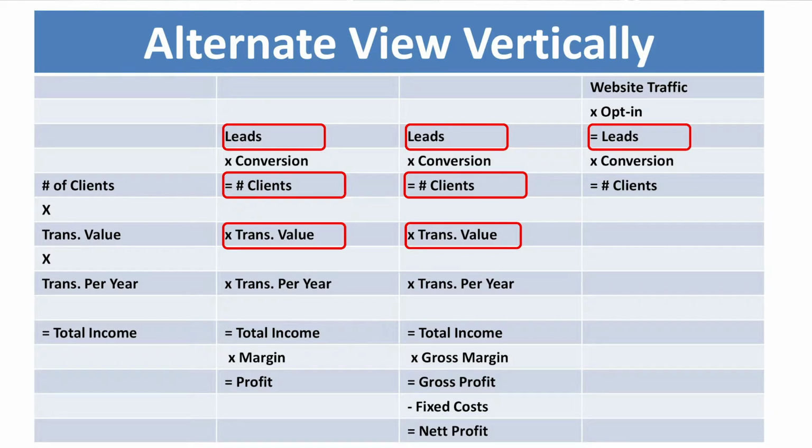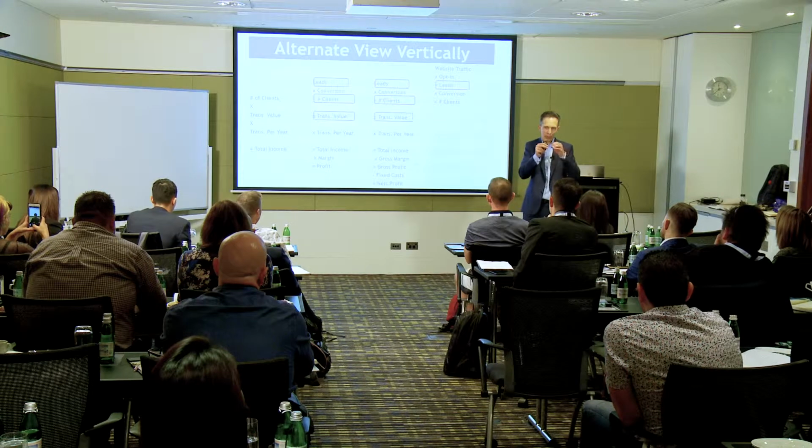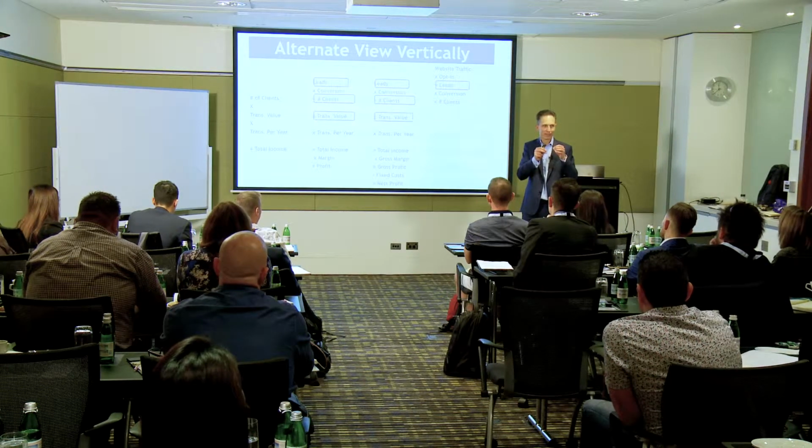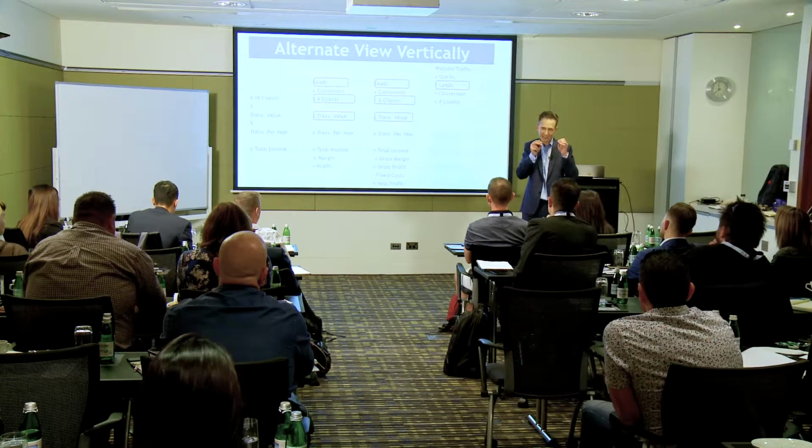And here, let's drill down a little bit further. To get the number of clients, we might go leads times conversion to get you your number of clients. So we've broken it down a little bit further so that we can actually focus and get those small incremental improvements.